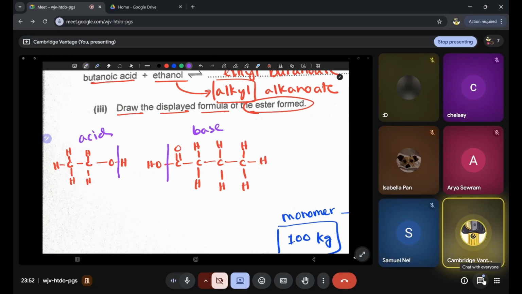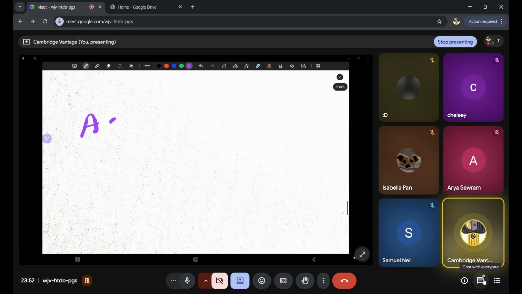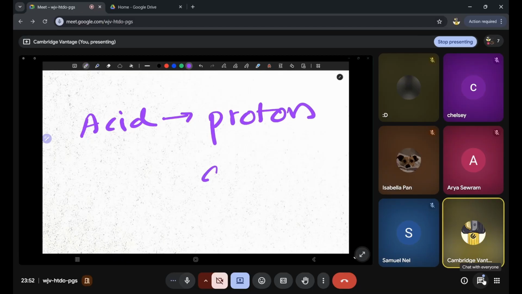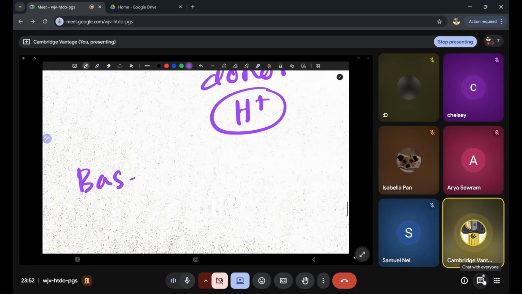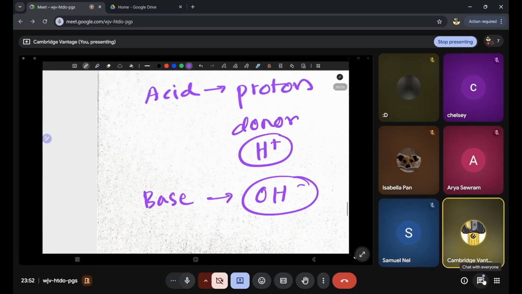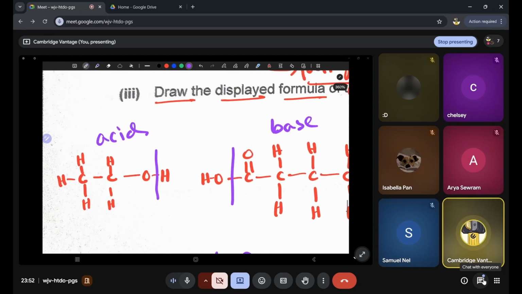All right. Basically, what is an acid? An acid, according to your syllabus definition, is a proton donor. Basically, it releases H plus. And what's a base or an alkali? It releases OH minus. Now let's look at this.